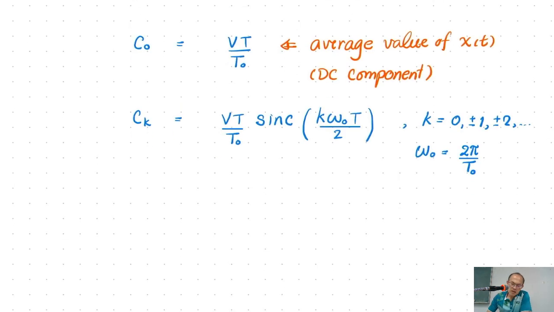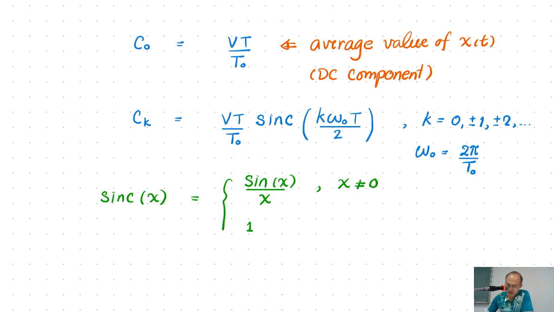Now, the sinc function has been addressed in the first chapter, though I think I should say something about it. The sinc function of x is defined to be the value of sine x over x when x is not equal to 0, and it is defined as 1 when x is 0.